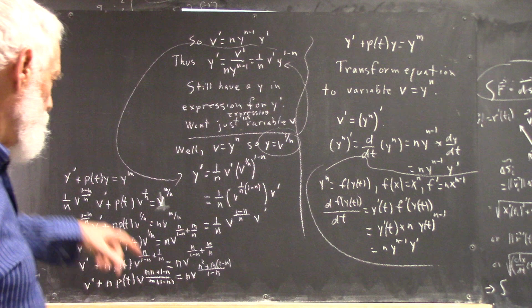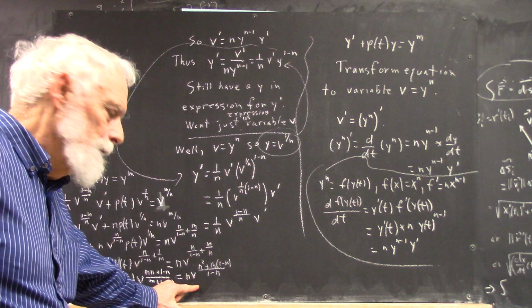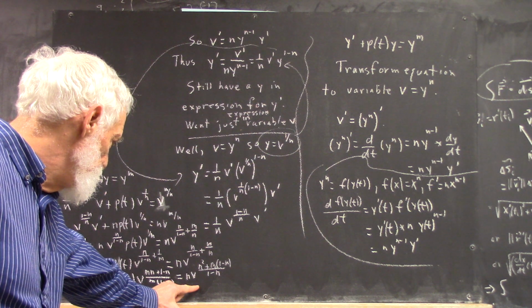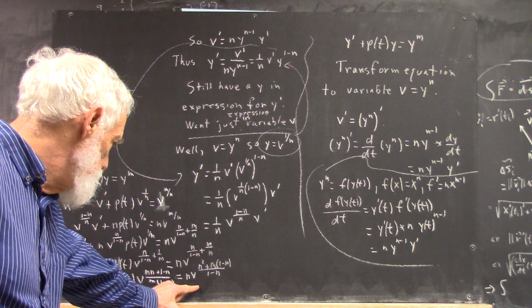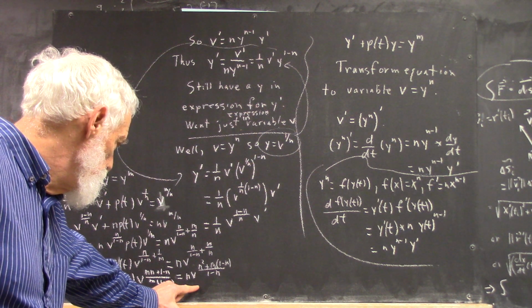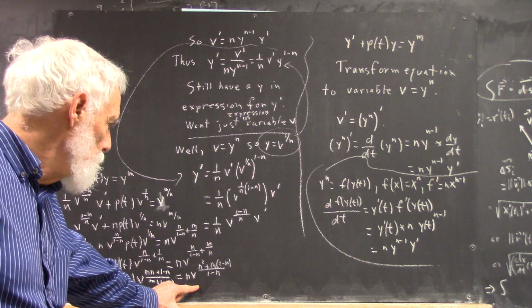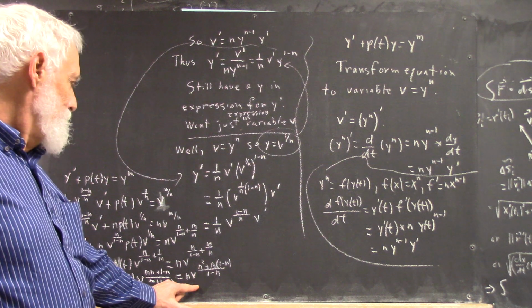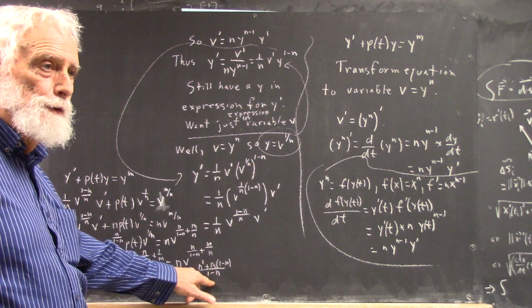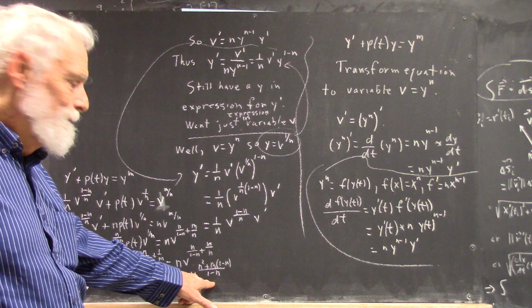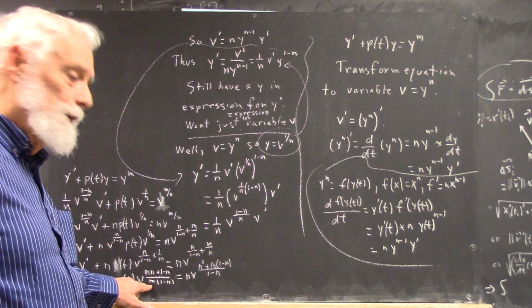Now, we're out of time. This equation becomes simpler if I choose n so that this is equal to 0, which will make this into something else.